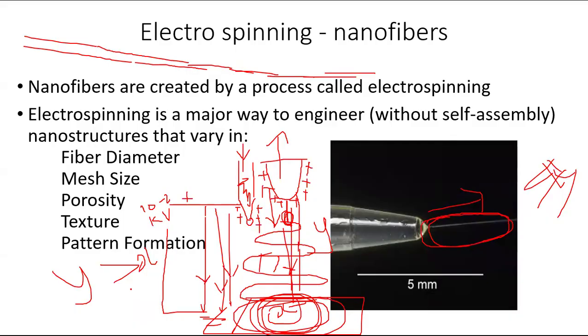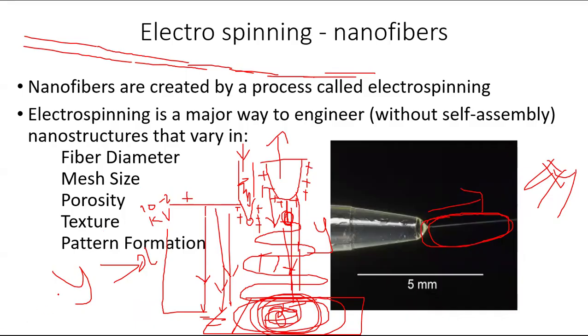If you take the web that gets collected on the collector plate, in electrospinning the yarn, the fiber diameter, and the mesh, we call that an electrospun fiber mesh, along with the porosity of that mesh and the texture.